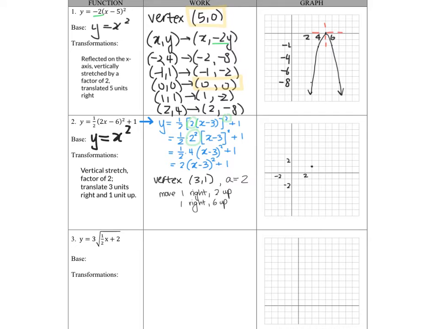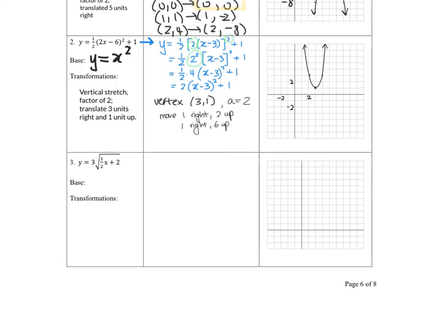Okay, and then we're going to do the same thing on the left side so that our graph is symmetrical. So we have here, here, 2, 4, can't quite fit that last point, so that's fine. We're just going to use these 3 points that we have in order to draw our parabola, like so.